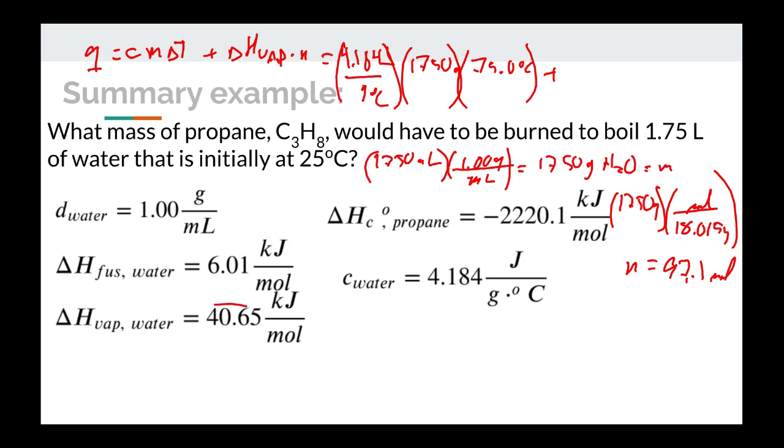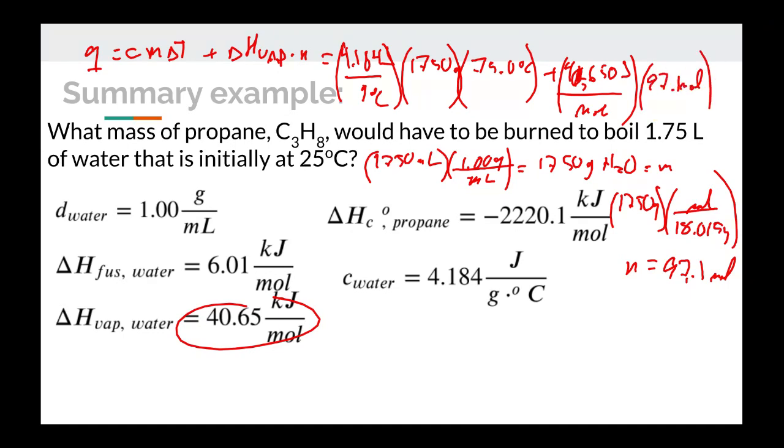It says here that the heat of vaporization of water is 40.65 kilojoules, but let's change that to 40,650 joules per mole so that the units agree. And then we're multiplying by our 97.1 moles. If you do all the arithmetic here, you come out to 4,580,000 joules to three significant figures.